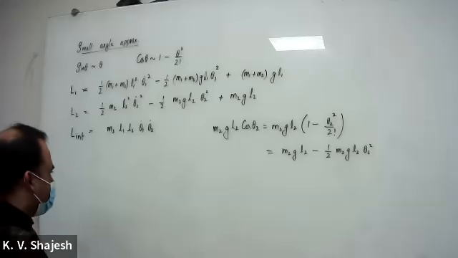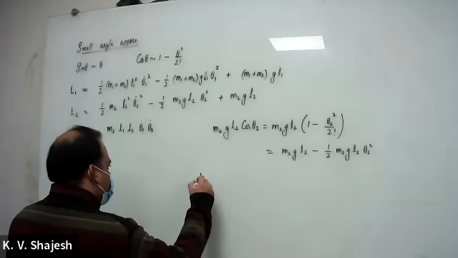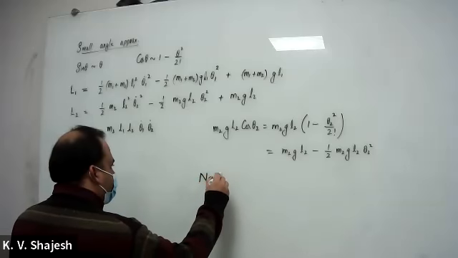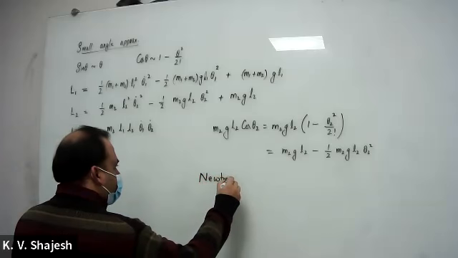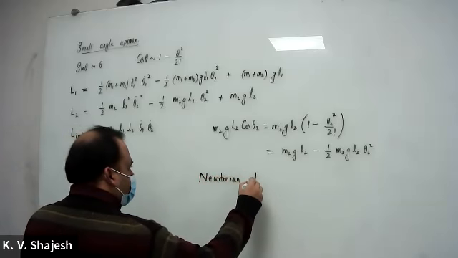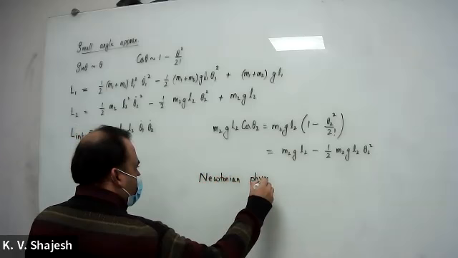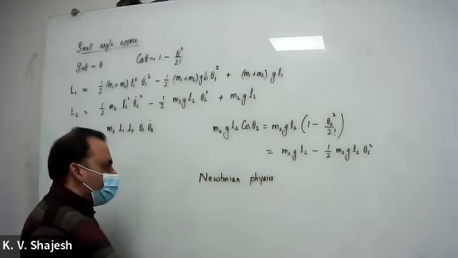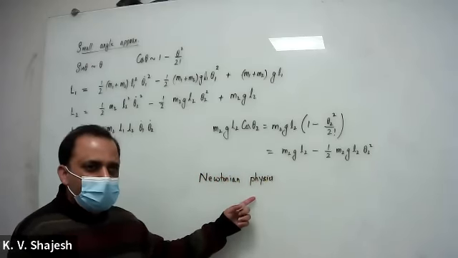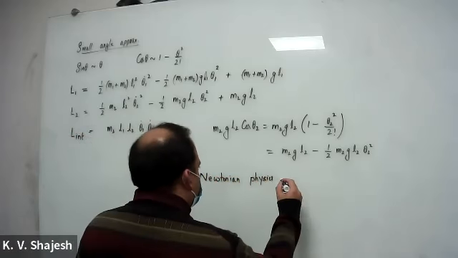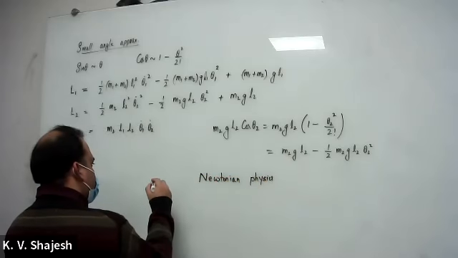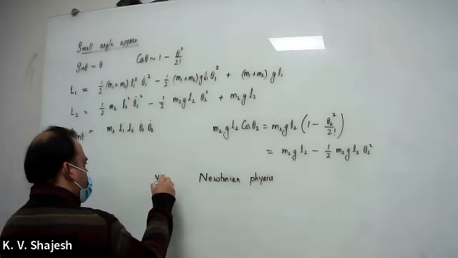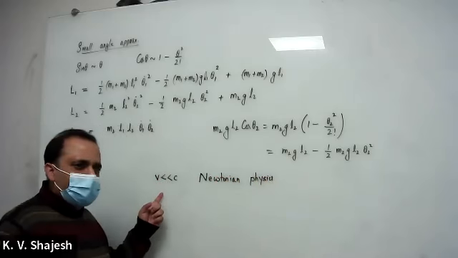Okay. So there is Newtonian physics, which is true for V less than C, V very much less than C. Is that clear?